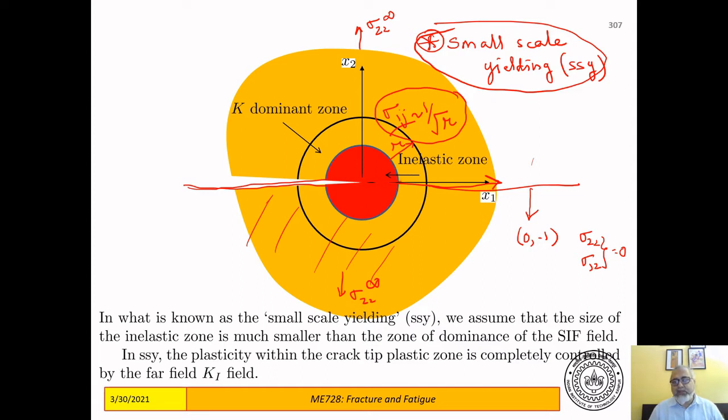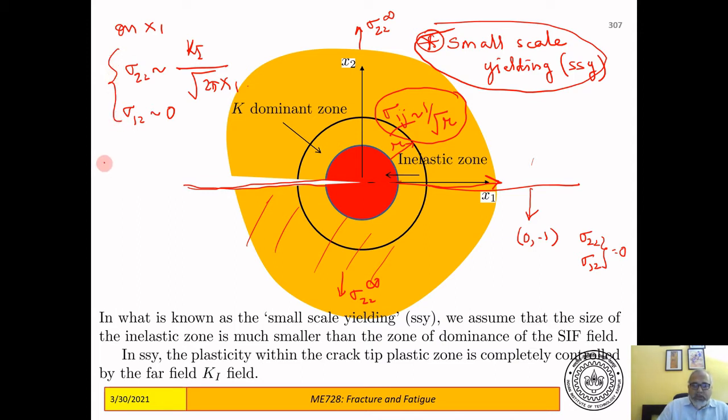In front of the crack tip, you don't have a traction free situation because this crack tip is subjected to very high stresses according to linear elastic fracture mechanics. How high are the stresses? We know that sigma 22 along x1 varies as K1 by root 2 pi x1. This is how sigma 22 varies. And sigma 12 is equal to 0 on x1, or theta equal to 0. So this is the situation.